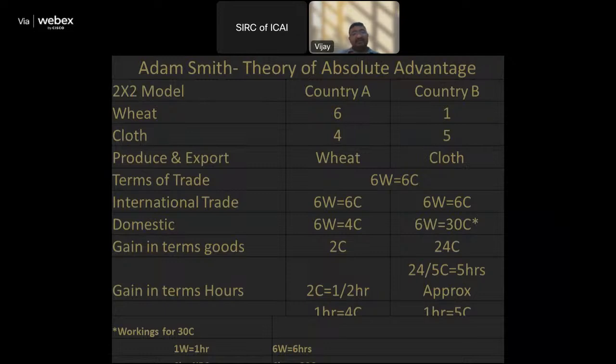Now, in international trade, country A, for 6 wheat bushels when they export, will get 6 cloth yards.